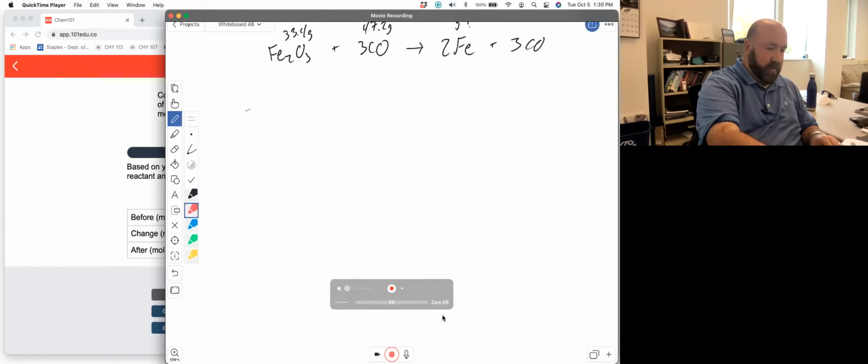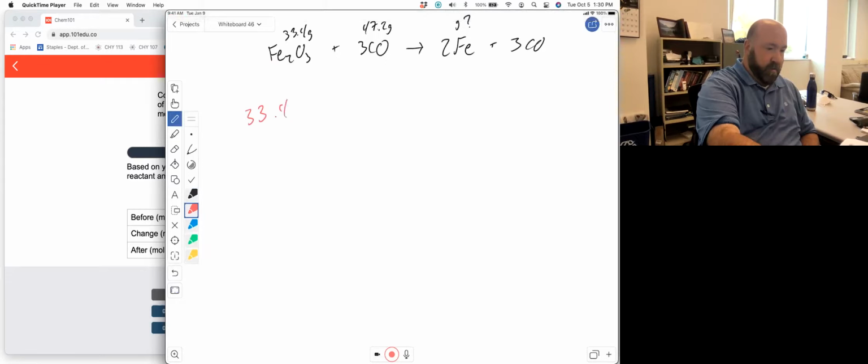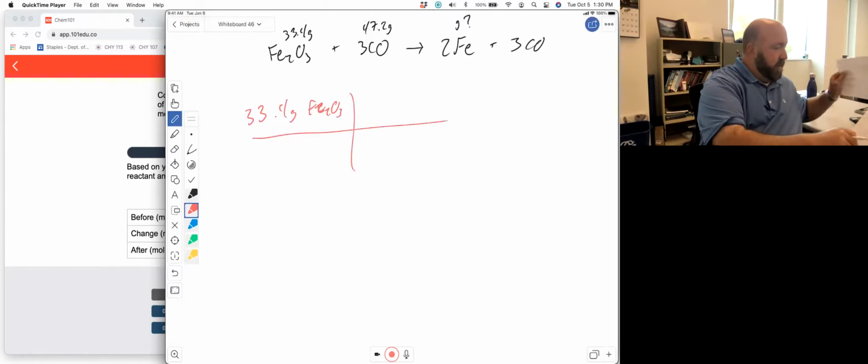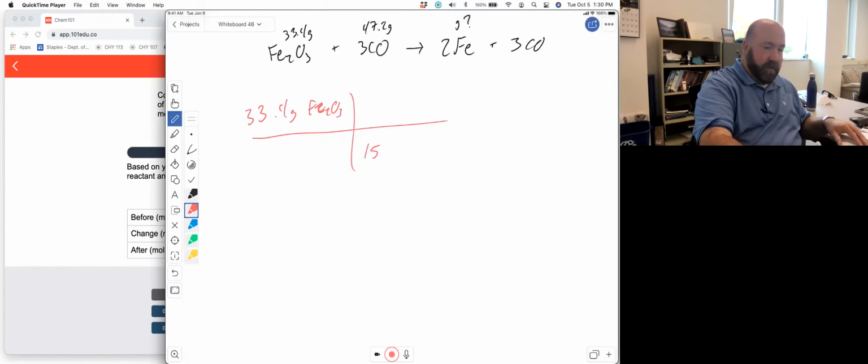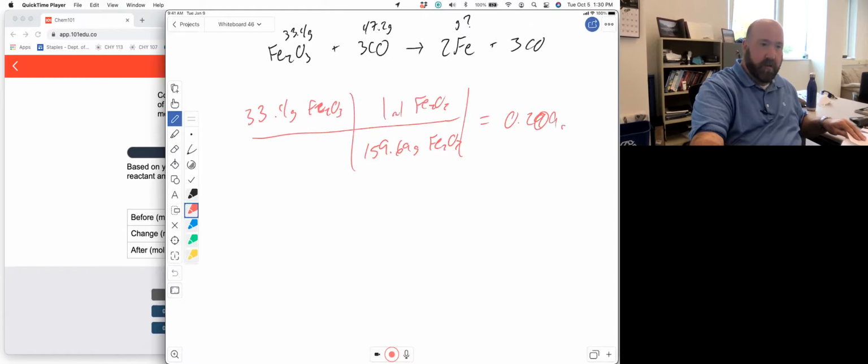Our 33.4 grams, which you've seen a couple of times now, divided by our molar mass of 159.69. As we saw in the last one, that's our 0.209 moles of our iron 3 oxide.